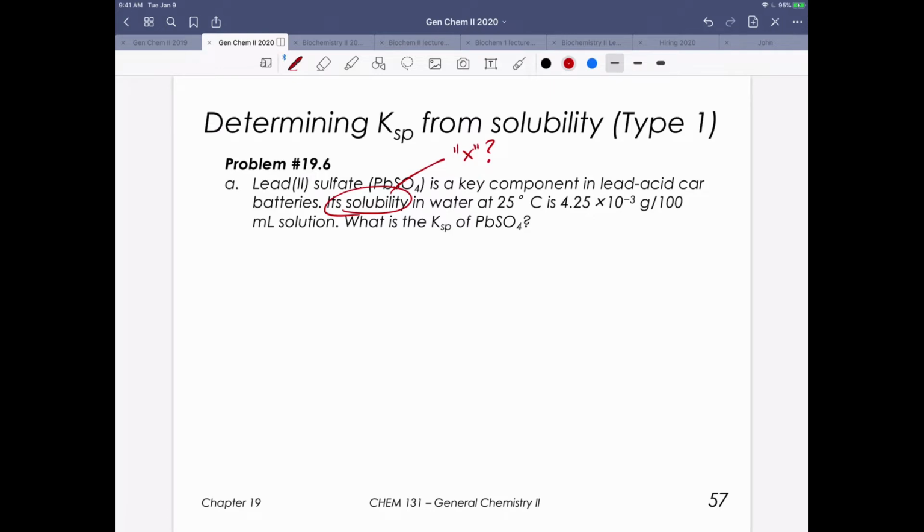To give you the answer ahead of time, if you'd like to work through it on your own, the Ksp value is going to be equal to 1.96 times 10 to the minus 8th. So take a minute and try to work through this problem on your own, or let the video play for the worked out solution.